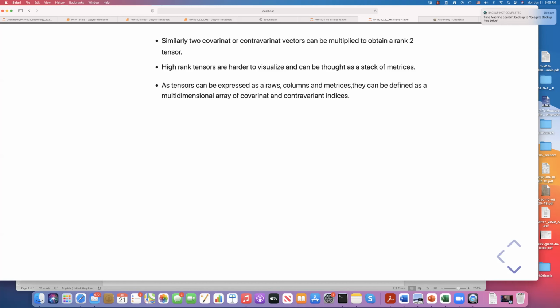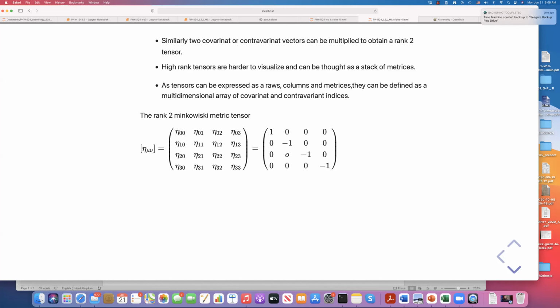As tensors can be expressed as rows, columns, and matrices, they can be defined as a multidimensional array of covariant and contravariant indices. And here is again a rank 2 Minkowski metric tensor. This is called a metric tensor, and all of you know about this tensor.